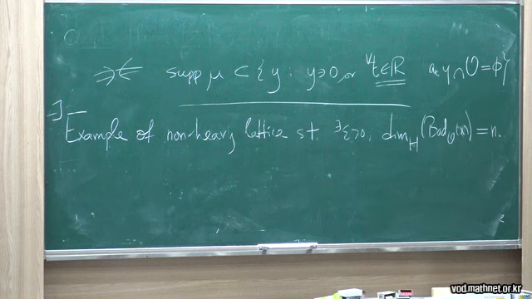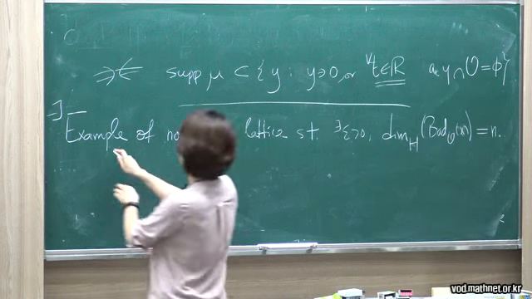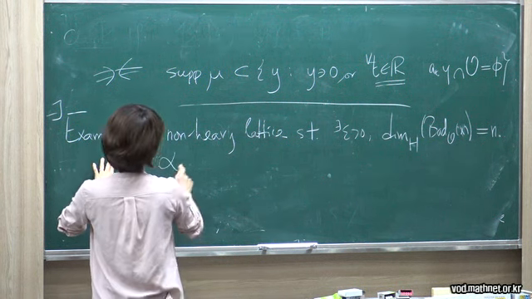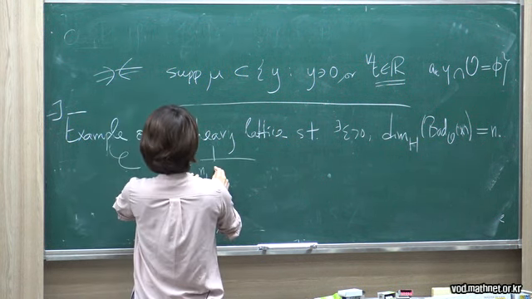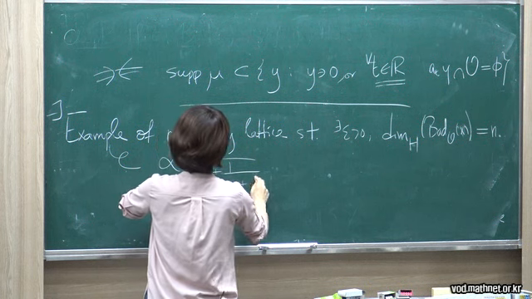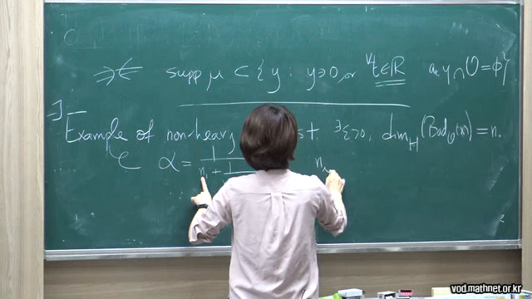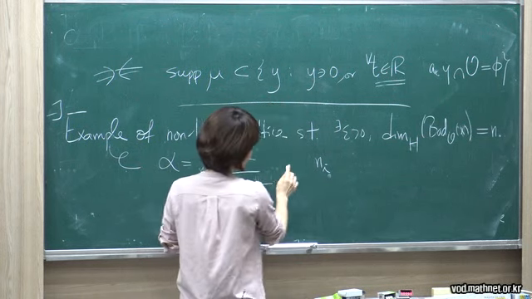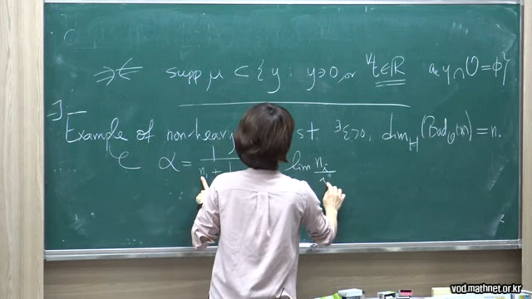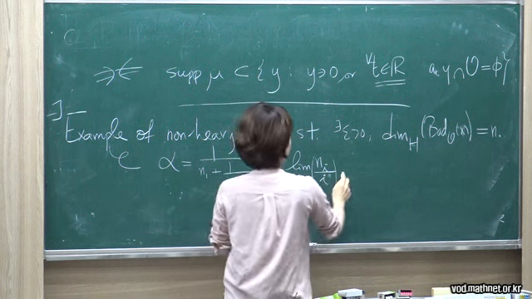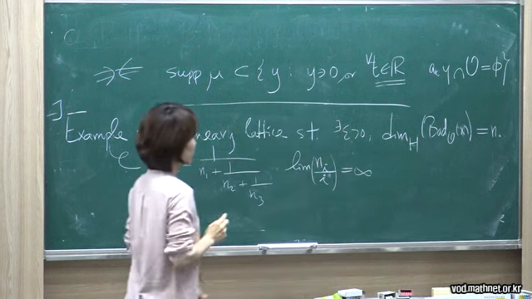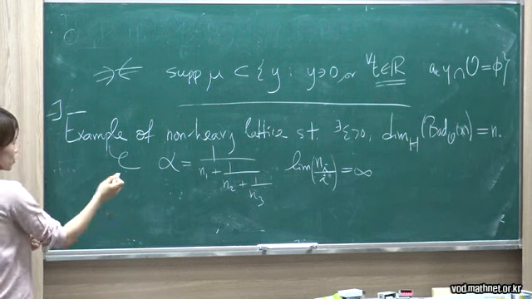So this example is coming from continued fraction expansion, so it works only in dimension 2. And this example is given by this alpha, whose continued fraction expansion is n1, n2, n3, where ni is increasing, not only increasing, but increasing very rapidly, so that even if you divide by i, you want it to go to infinity.